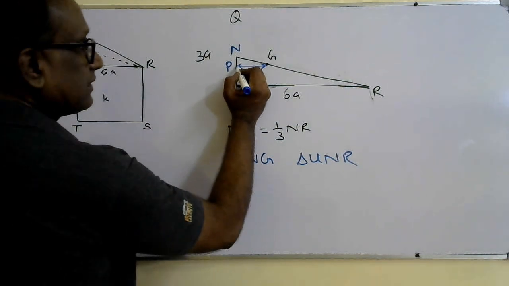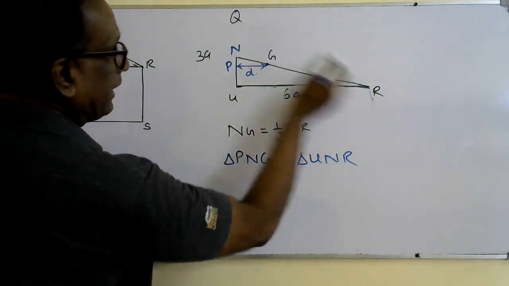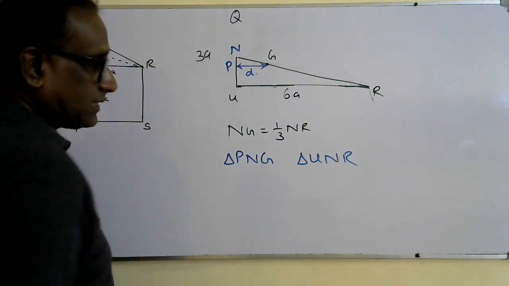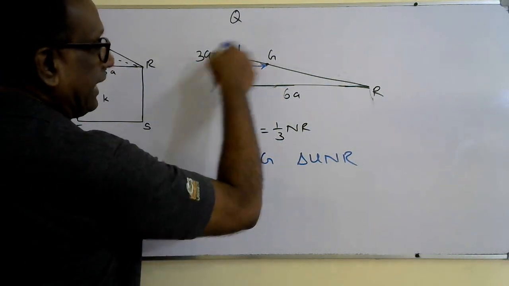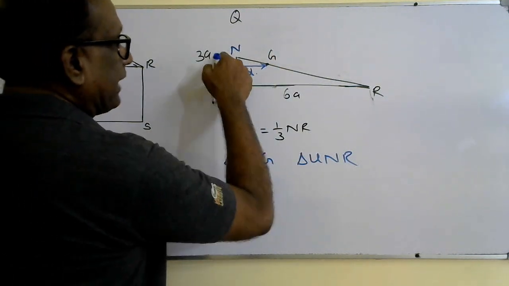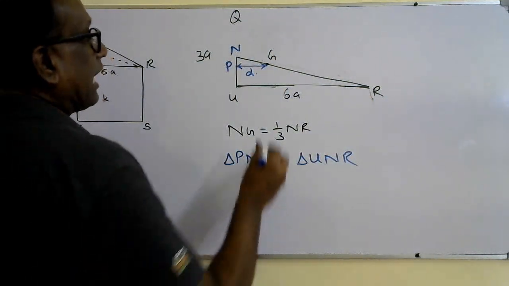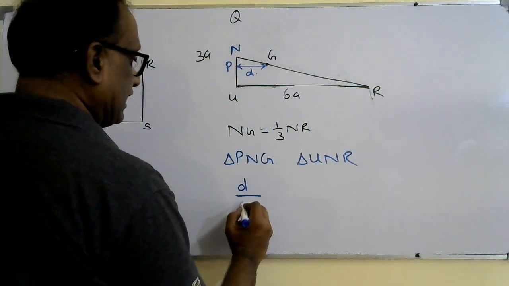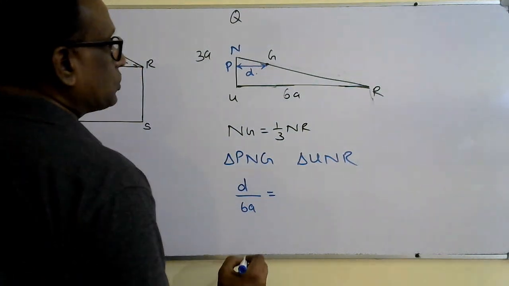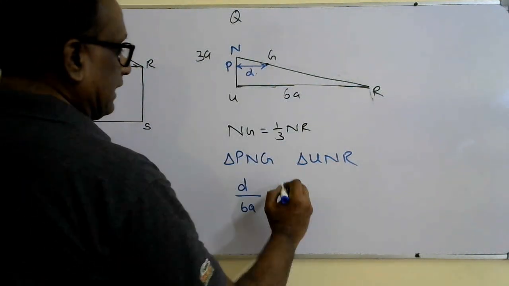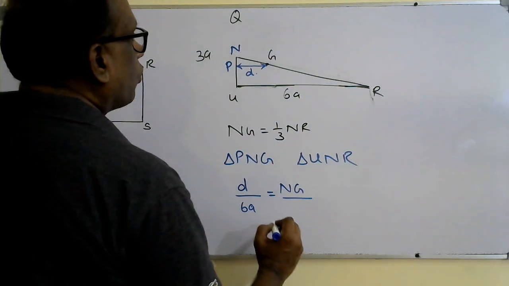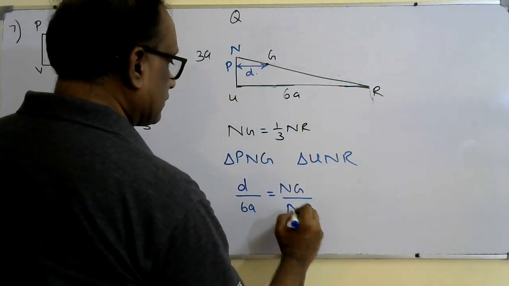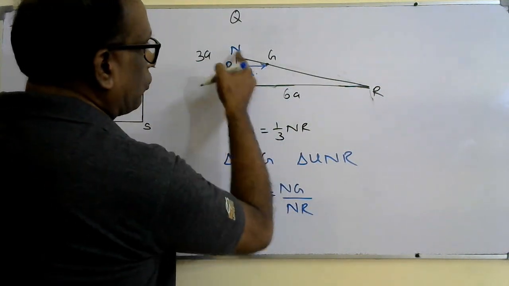So I need to find the distance of the center of mass of the previous triangle. I erased that line. I don't need it now. I need to find D. So here the triangle PNG and triangle UNR are similar triangles. Therefore D over 6A is equal to NG over NR.